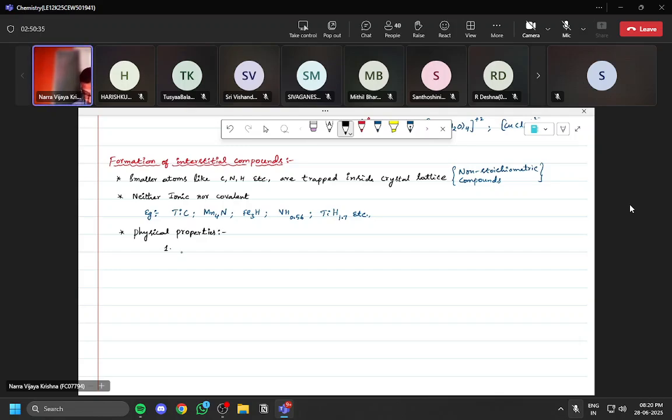1. They have higher melting point and boiling point than pure metals. Point 2: they are very hard, even harder than diamond. Boron nitride is an example. Some borides approach diamond in hardness.